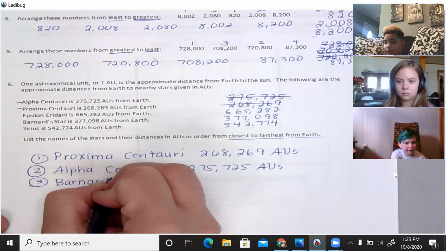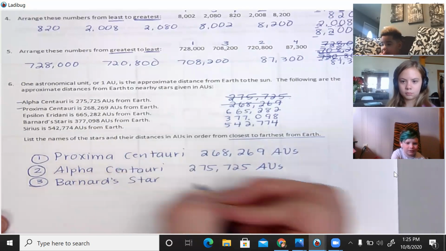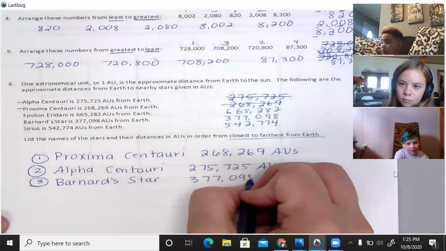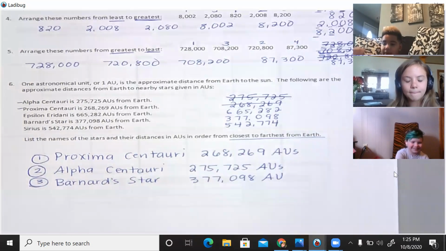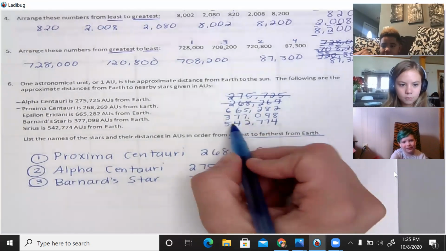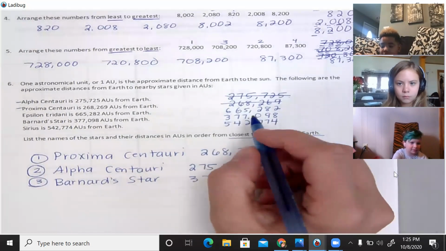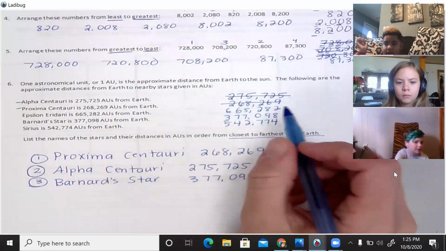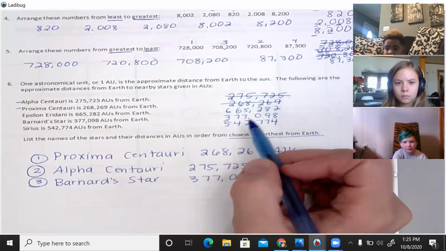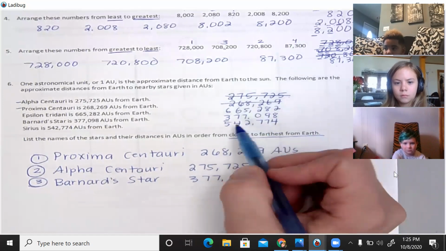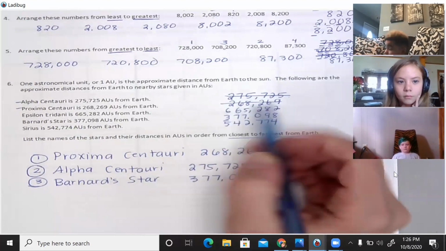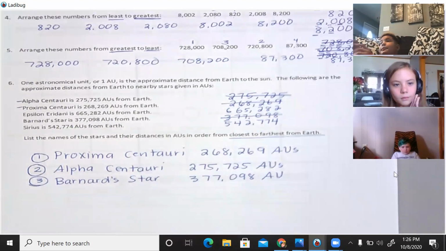Because Sirius is 542,774, and the other one is 665,282. And the smallest one has to be 377,098 AUs. Because if you look at the 100,000s place, 3 is smaller than 5 and 6. So cross that one off.